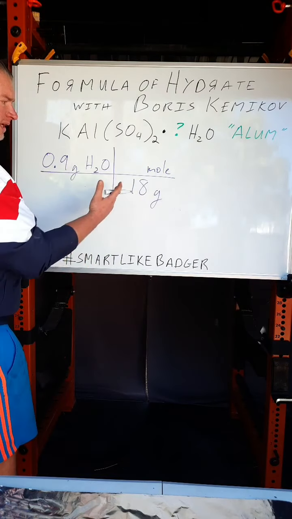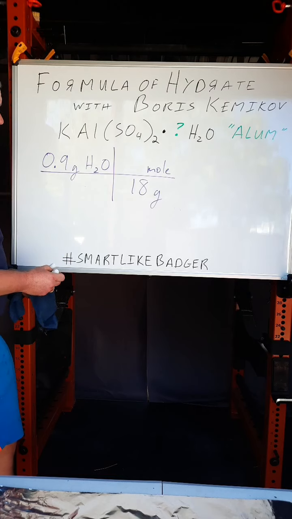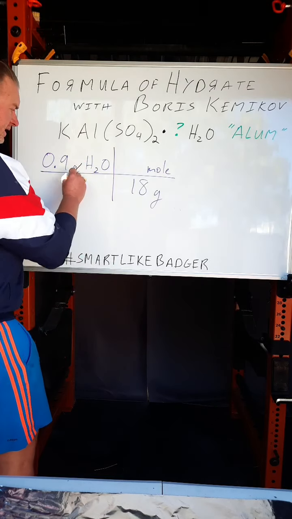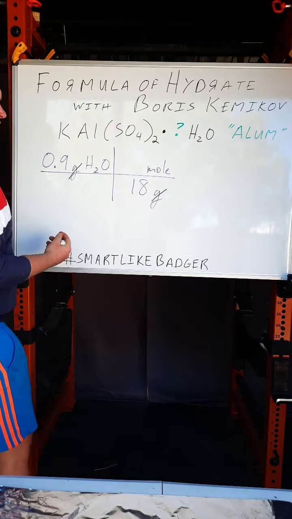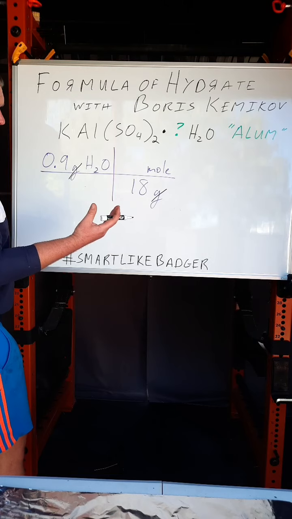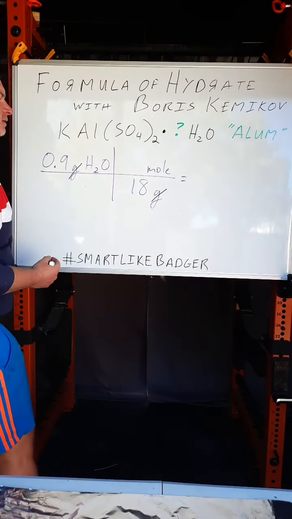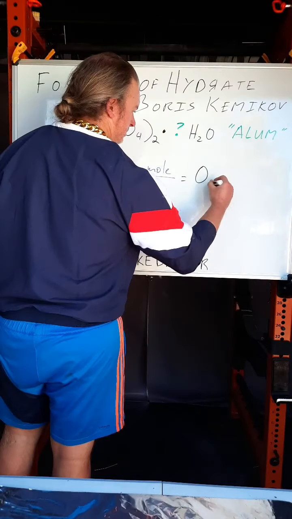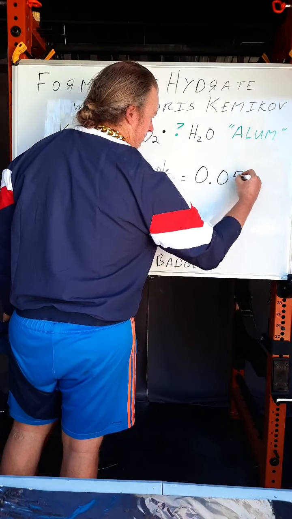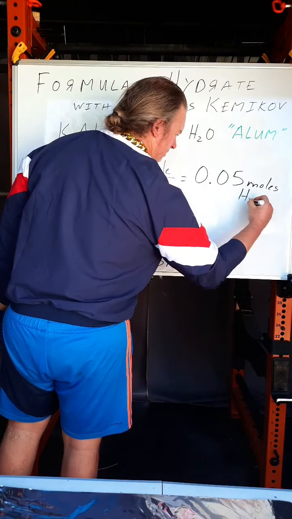You'll note that I put this unit in here as the reciprocal or flipped because in the scaffold we make units cancel. So we pick up our calculators or our abacus. We will now get the moles of water that were released. And this would be 0.05 moles.